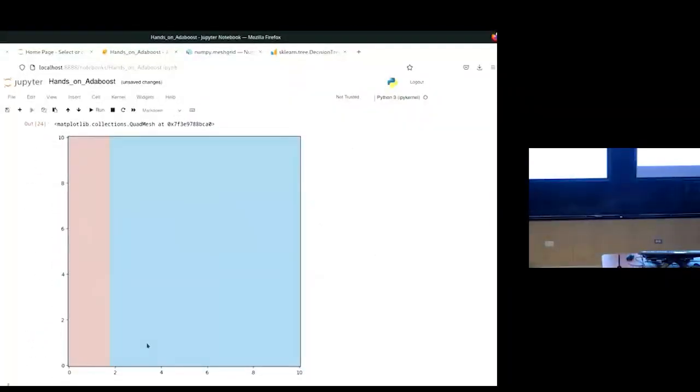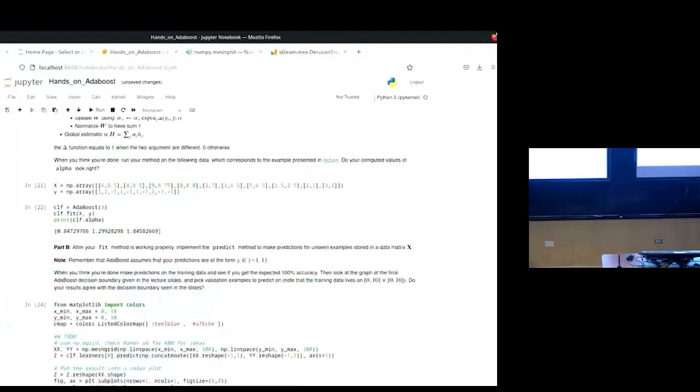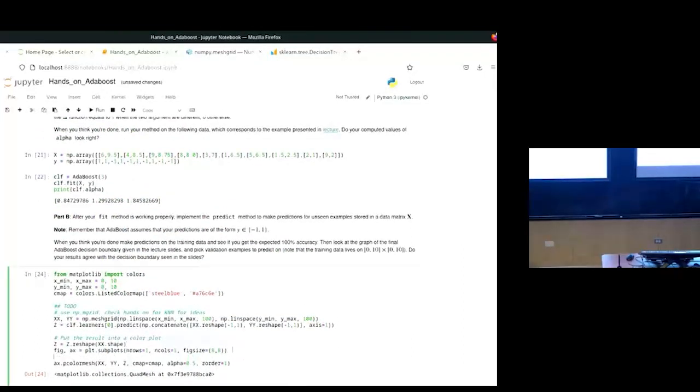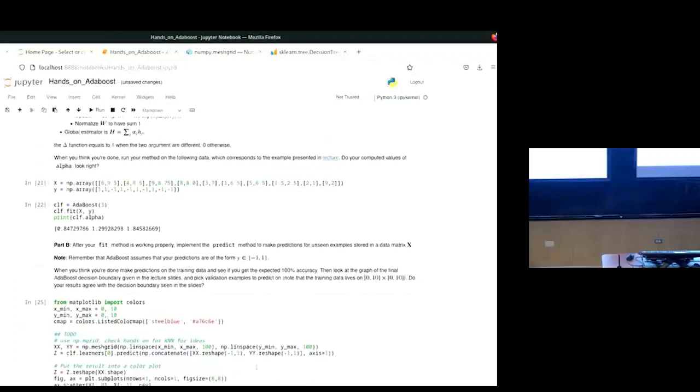And I can just make it a little bit clearer with a scatter plot of x[0], x[1]. Let's see.